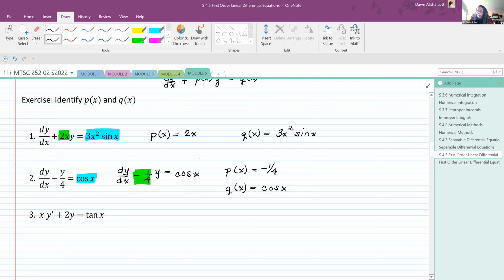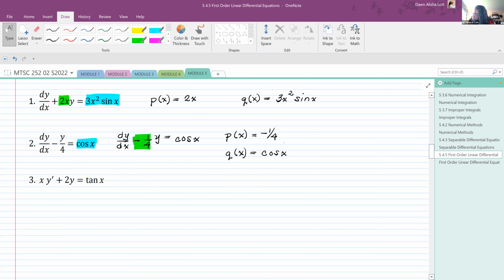Okay, the next one. This one requires rewriting. We need to make it y prime plus 2 over x times y is equal to tangent of x over x. So now P of X and Q of X. 2 over X. And then tan.